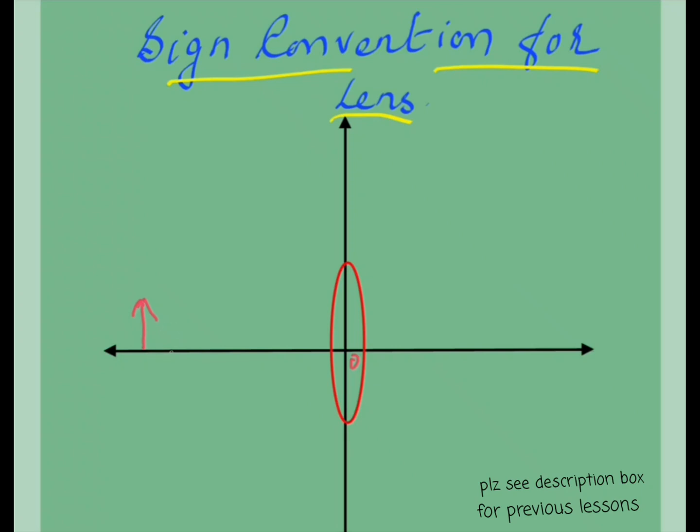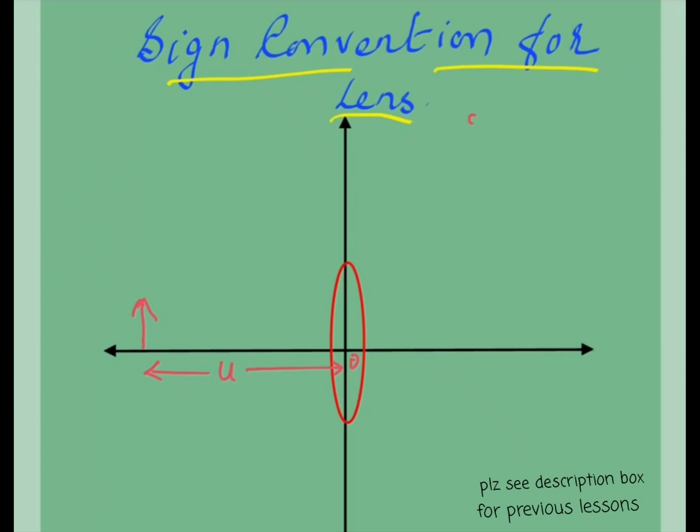The distance between the lens or the optic center and the object is the object distance. That object distance is represented using letter U. So it is the distance between the object and the optic center.